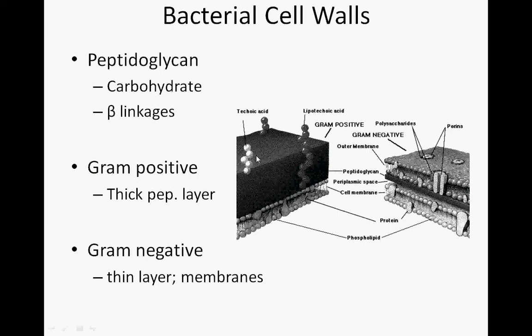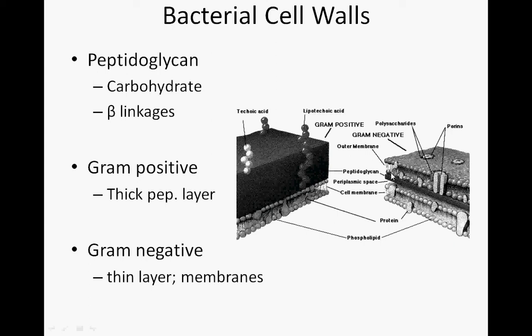The key difference between the two is that the peptidoglycan layer of a gram-positive cell wall is big and giant and thick. The peptidoglycan layer of a gram-negative cell wall is nice and thin and skinny. That's a huge difference. There are cell membranes underneath both of them, so the inside of the cell is down here in this case and down here in this case.